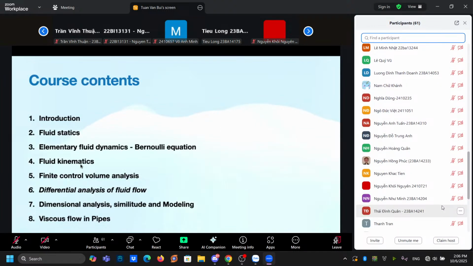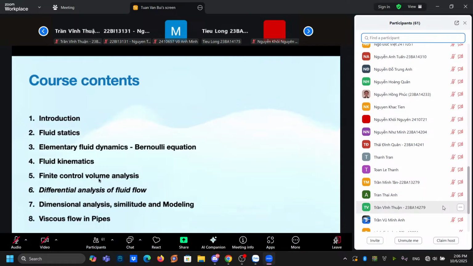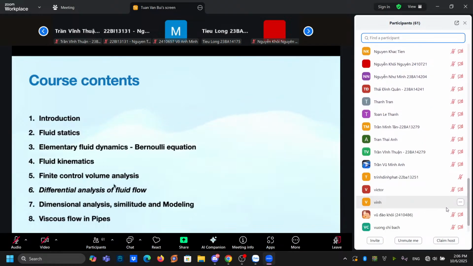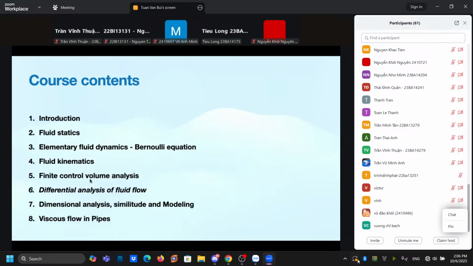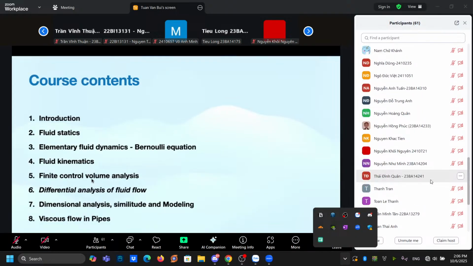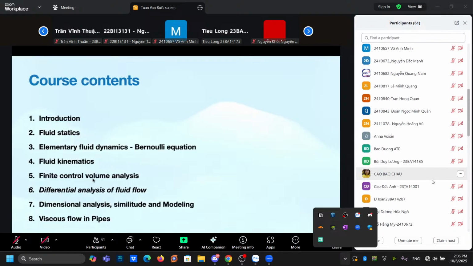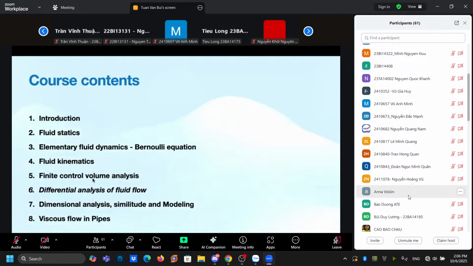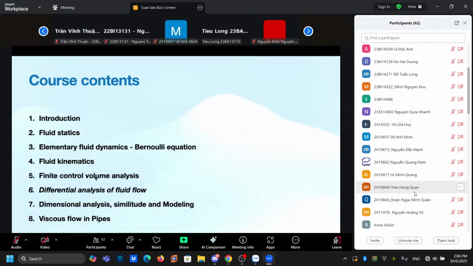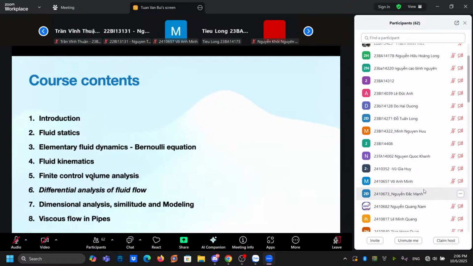Then you have fluid kinematics, and control volume analysis. Here in this part, we have a method to analyze a fluid mechanics problem using some ideas about the fluid volume and the mass content.